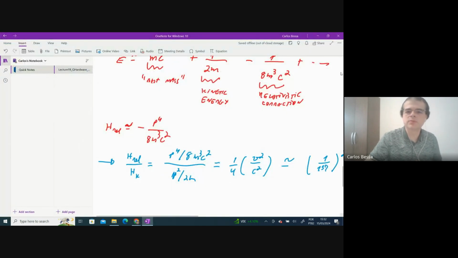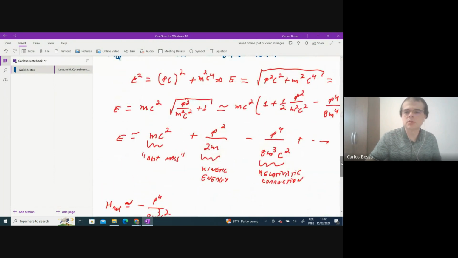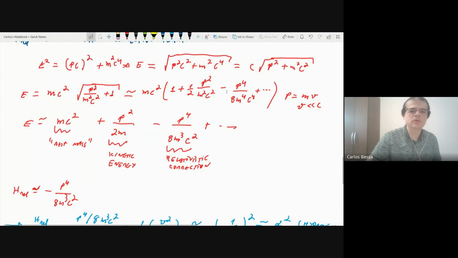I think if you expand this term here, this next term is negative. Or maybe I took it wrong, but I think it's negative, this term here when you expand this.